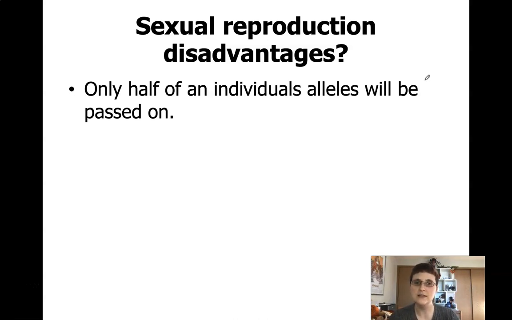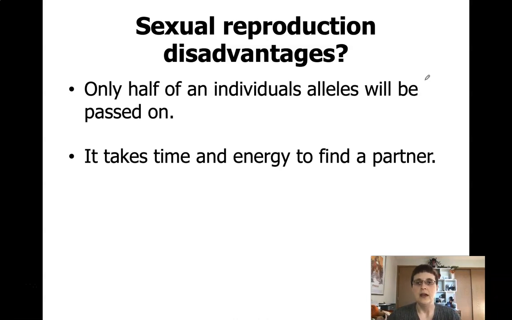So that is a disadvantage. It takes time and energy to find partners, right? In order to do sexual reproduction, you have to have another organism. So you have to find and woo them, or, you know, whatever is going on for that organism. It can be risky.